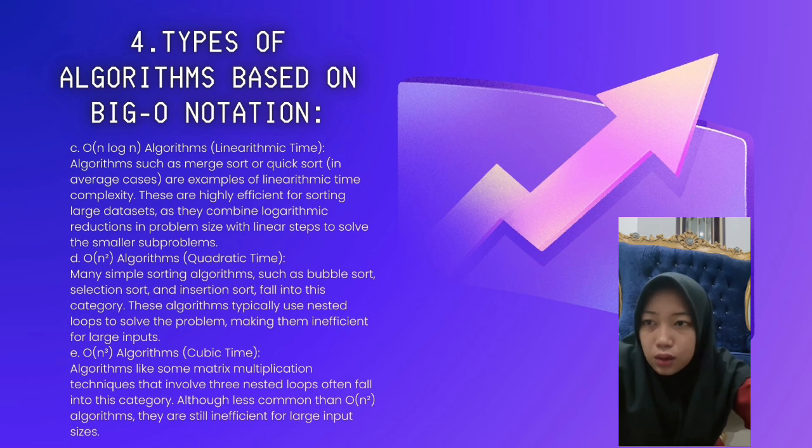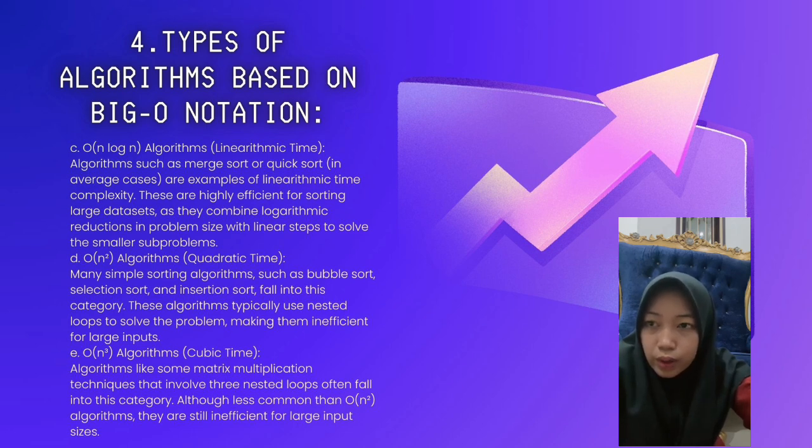D. O(n²) algorithms, or quadratic time. Many simple sorting algorithms such as bubble sort, selection sort, and insertion sort fall into this category. These algorithms typically use nested loops to solve the problem, making them inefficient for large inputs.